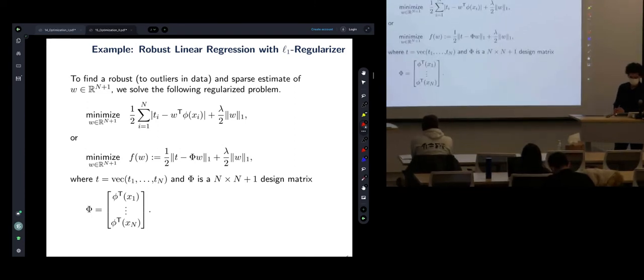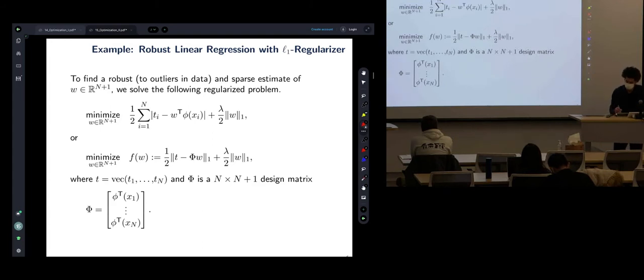Whereas L1 is working with absolute value and taking the straight lines. It's just summing straight lines. It's also called Manhattan distance. If you look at New York, all the roads are straight and intersecting and orthogonal. It's a type of distance that will sum those roads for you. You move exclusively in one direction and then add another direction. It will not try to make a circle like a Euclidean distance.